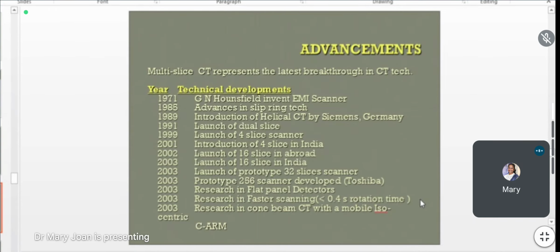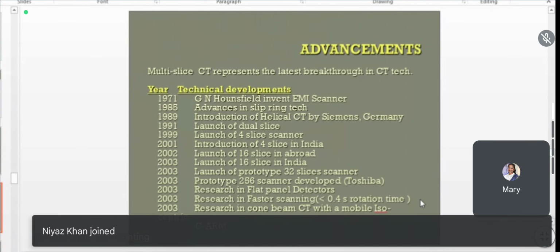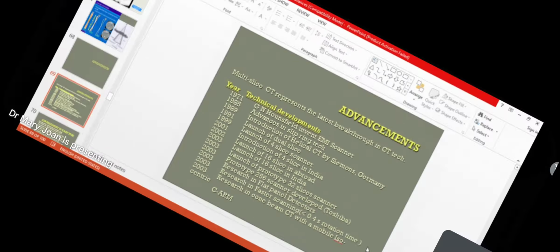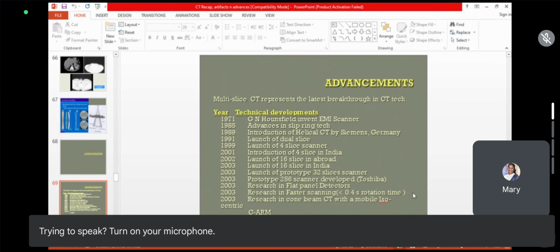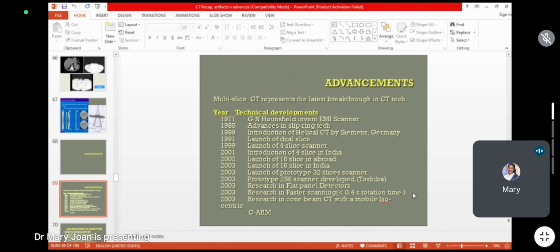Coming to the advancements, multi-slice CT represents the latest breakthrough in CT technology, and here is a historical representation of what advancements came around what time.